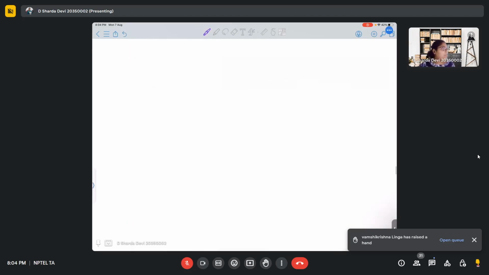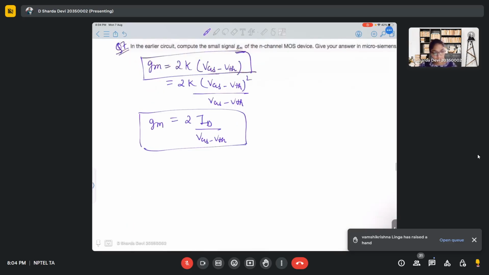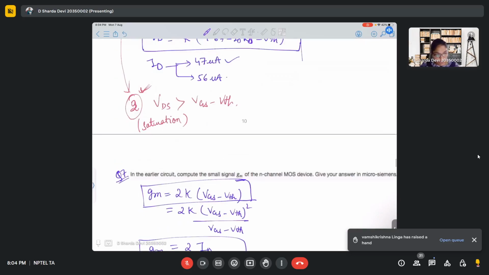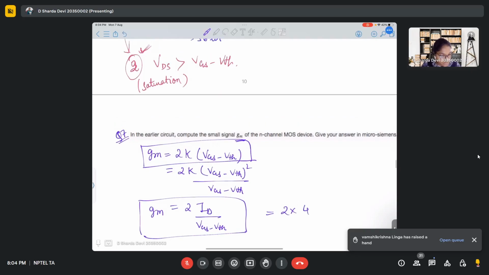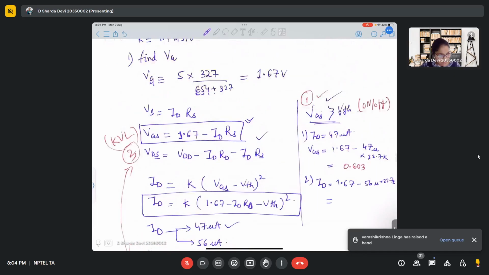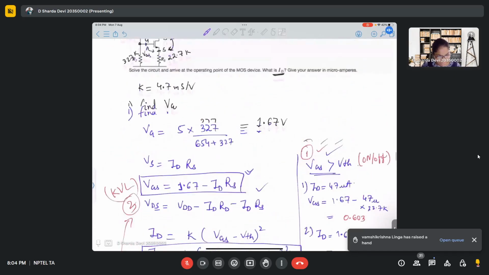Here the value of GM will be 2 into 47 microsiemens by, how much was the VOV?